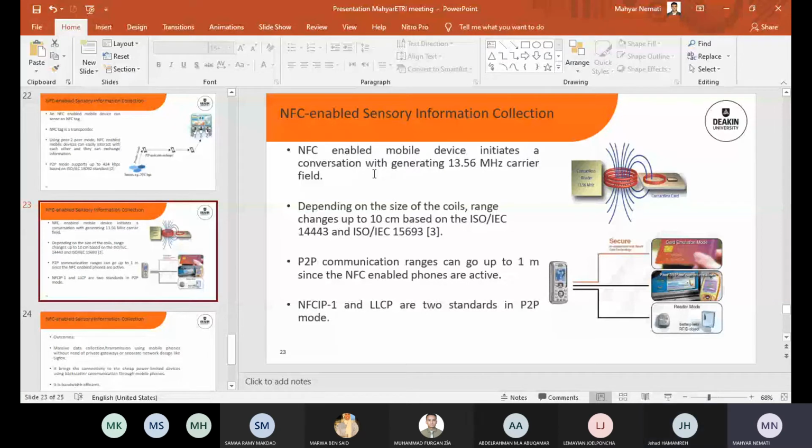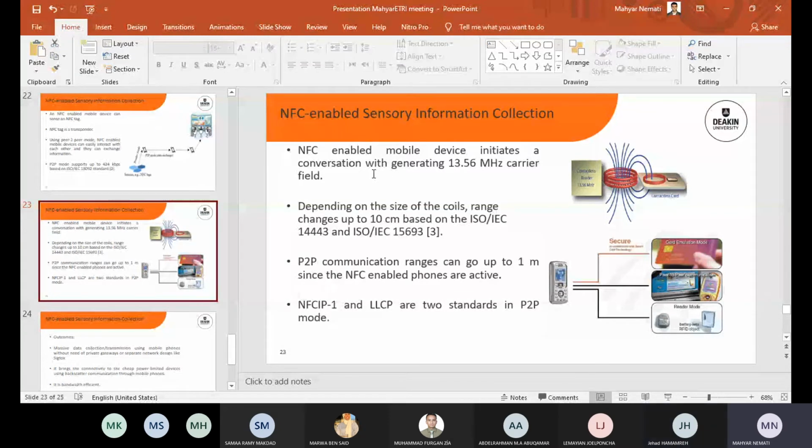NFC-enabled mobile devices communicate by a carrier, which is generated at 13.56 megahertz. So there is a coil in them. Depending on the size of the coils, this range can change between 10 centimeters up to 20-30 centimeters, but we can somehow enhance its communication range by some advanced technologies.